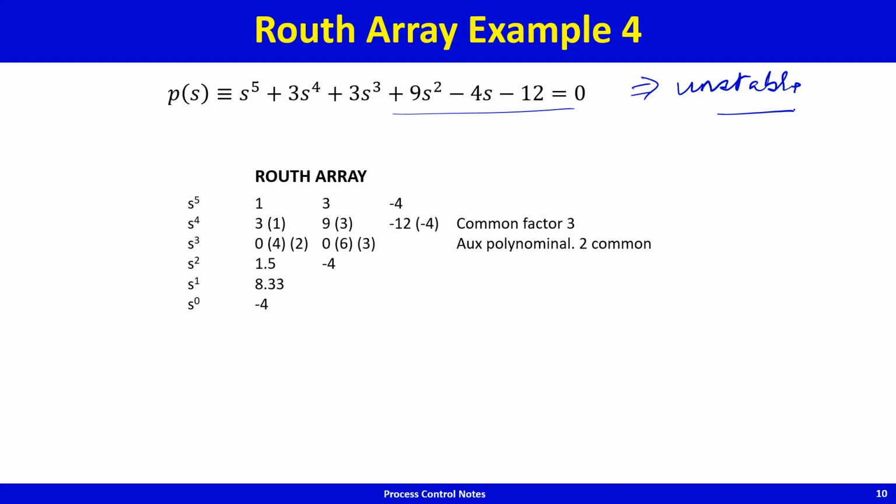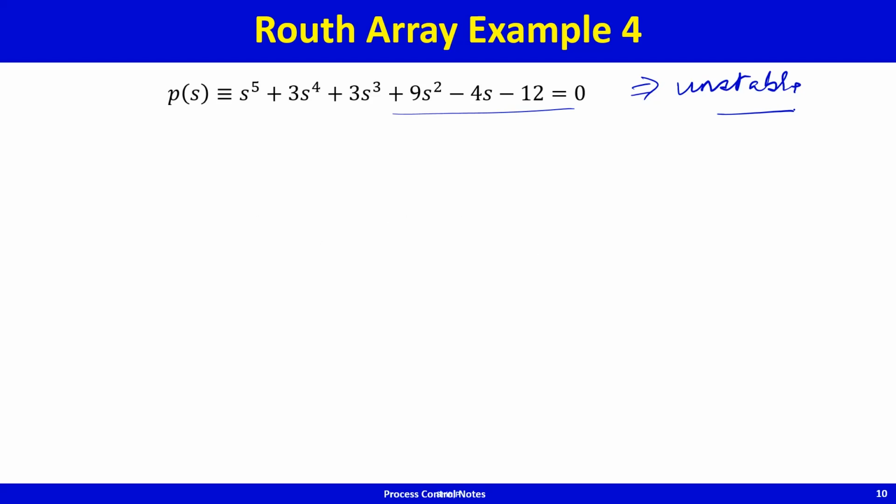Okay, root array. If you prepare the root array, s to the power 5 is going to be 1, 3, and minus 4. S to the power 4 is going to be 3, 9, and minus 12. And you can immediately see I take 3 common, and this is 1, 3, minus 4.